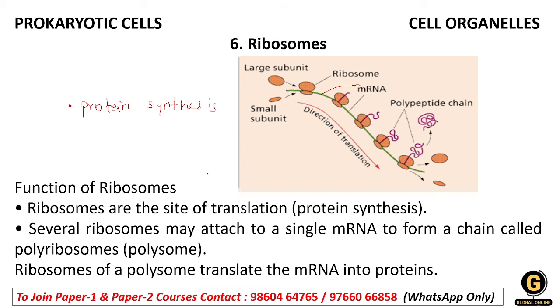So this is called a polyribosome, or polysome. The ribosomes of a polysome translate the mRNA into proteins. What do they do? They translate the mRNA into proteins.